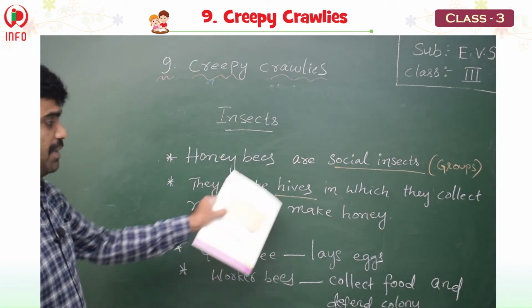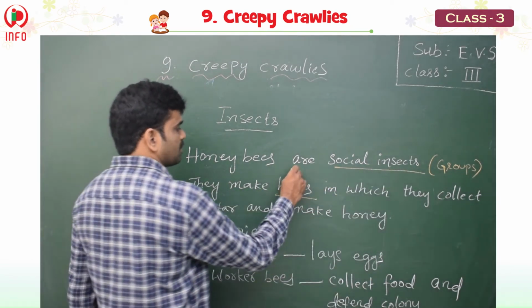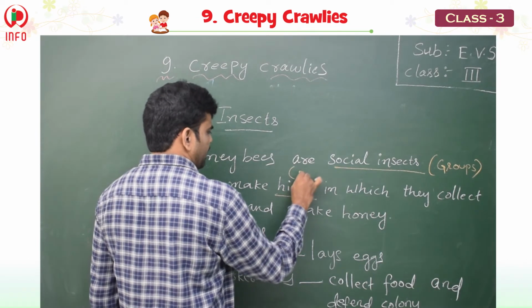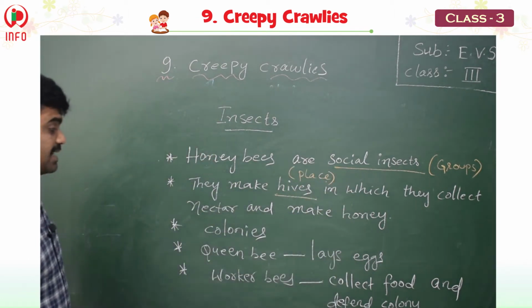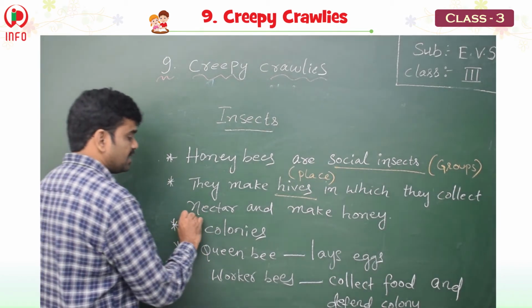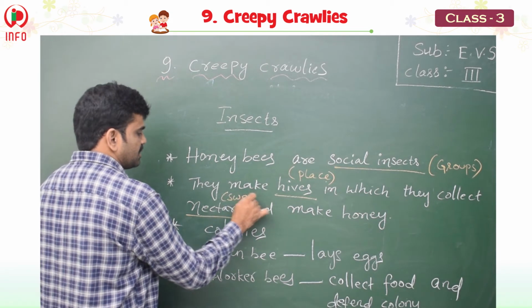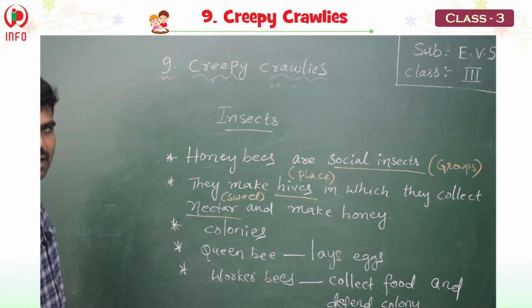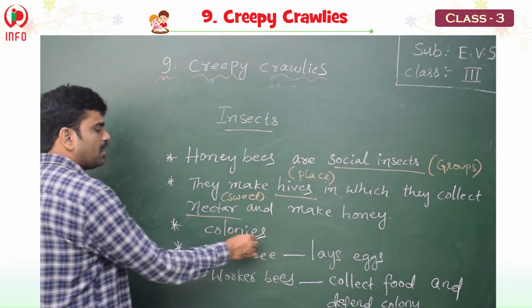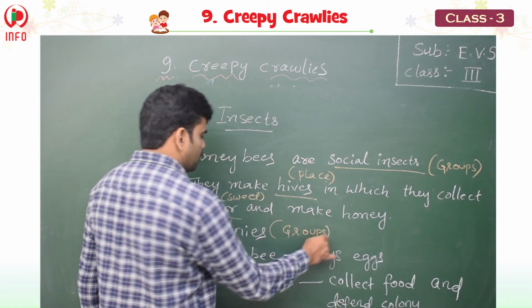Nectar is a sweet substance. They live in colonies. Colonies means groups, children.